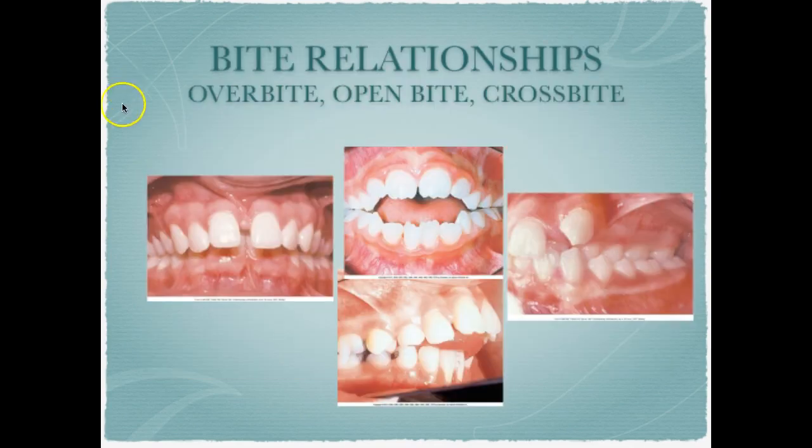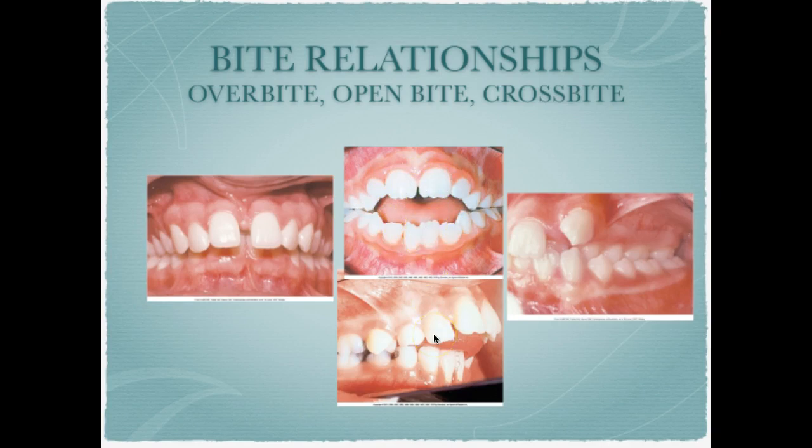Then we have some different bite relationships. We can have an overbite, which is kind of normal for many people, but sometimes it's extreme, where the maxillary anterior teeth bite over the mandibular anterior teeth. You can have an open bite where the person has occlusion in the posterior teeth, but there is no overbite whatsoever.